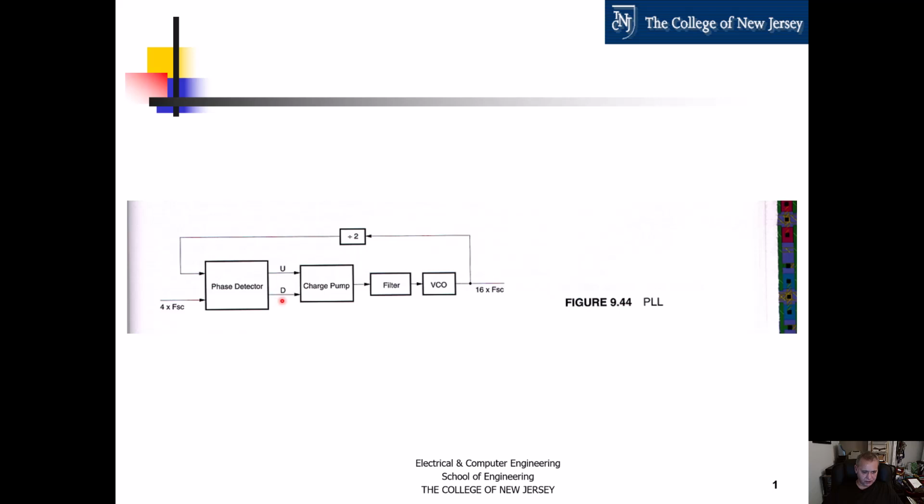Now, these pulses are both positive going pulses. These are digital signals from 0 to 1, but they're going to be driving this analog circuit, which is a charge pump. Essentially, these are current sources that are going to either charge a capacitive network, which is a filter, or be discharging that capacitor network.